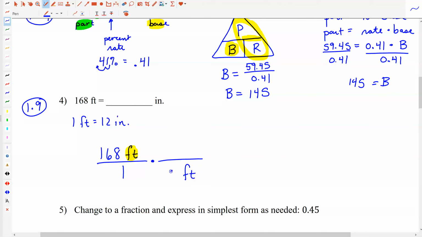The relationship is 1 foot is 12 inches. So I'm going to put the 1 next to my foot label, and then the 12 inches will go in the numerator. The feet information, because it's on diagonals, will end up canceling each other out. So then we can see, to answer this question, we need to do 168 times 12, which would give me 2,016, and then inches.